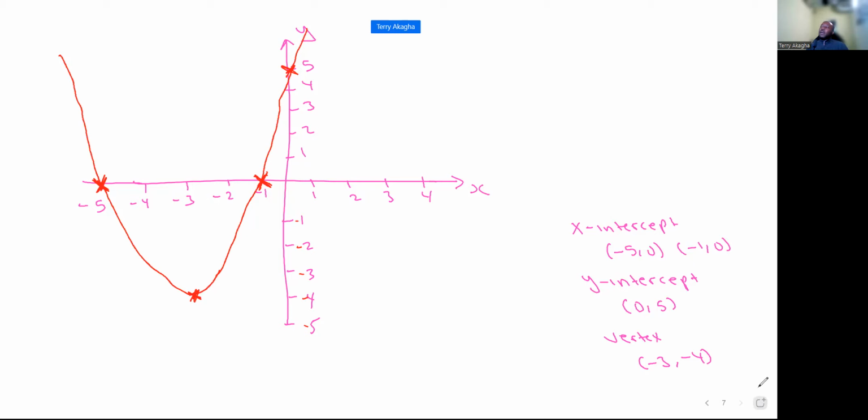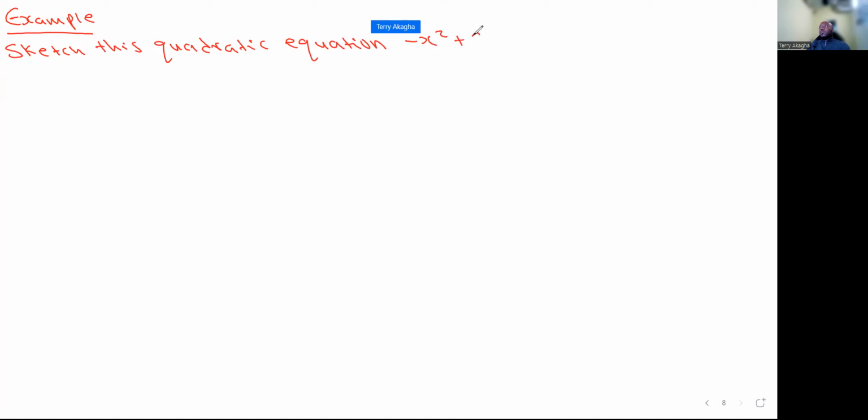Okay, so let's pick one more example. Let's assume we're told to sketch this quadratic equation: minus x squared plus 2x plus 3.